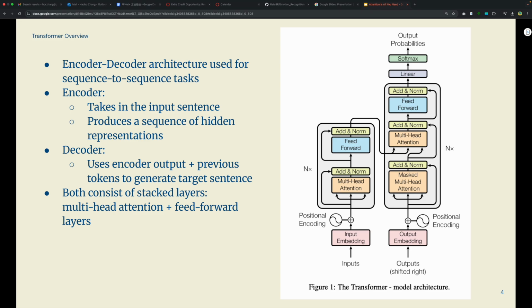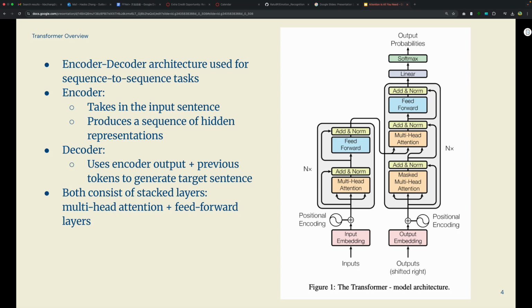The transformer follows an encoder-decoder structure, which is a common architecture pattern used in sequence-to-sequence tasks such as machine translation. This architecture is designed to map an input sequence to an output sequence of potentially different length. The encoder is responsible for reading the entire input sentence and converting it into a sequence of rich hidden representations.